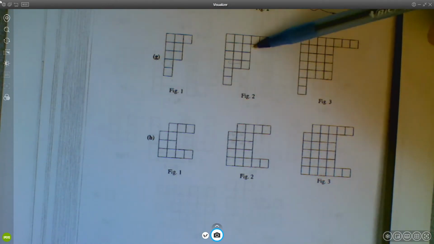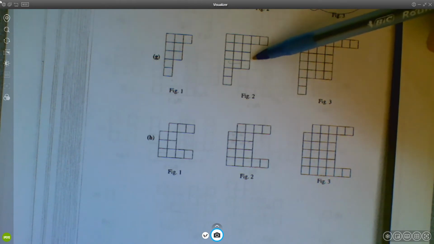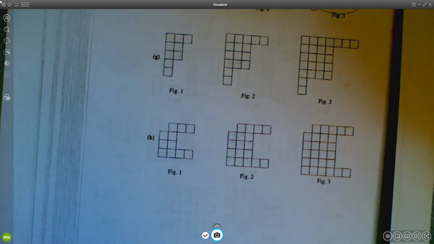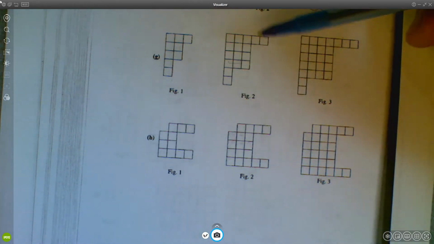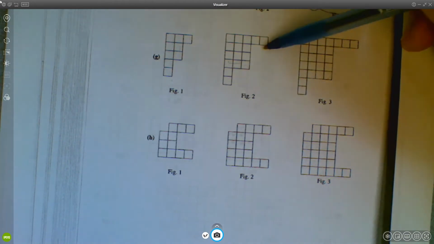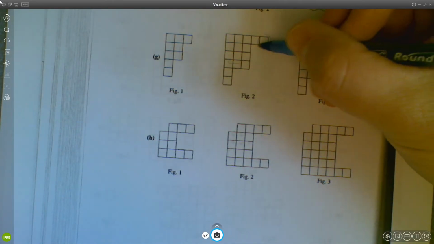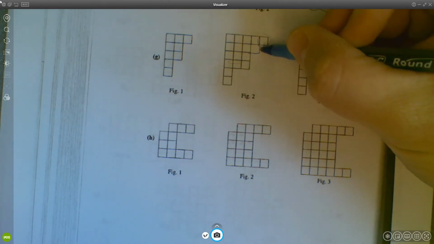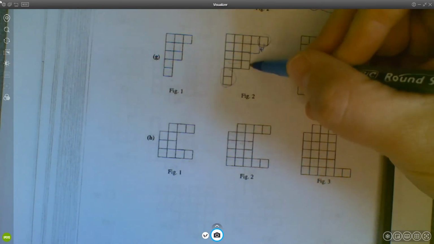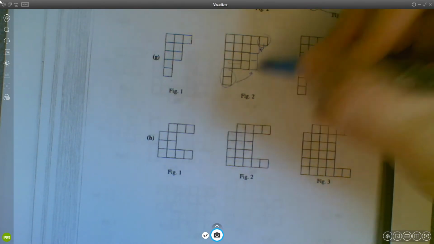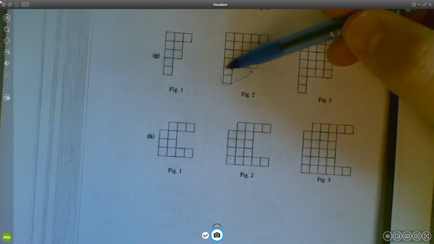If I move these 2 and put them in there, I get a weird Tetris type of shape. But if I move this square down here, and then I move these 2 here, then that works out nicely. I have a 4 by 4.